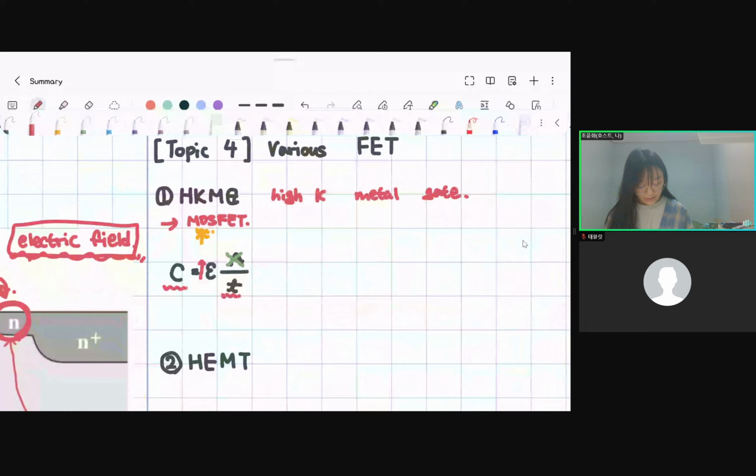But there is a limitation to lowering the thickness, because in the MOS structure, when the oxide thickness is too thin, it can cause a tunneling effect, which makes a leakage current.